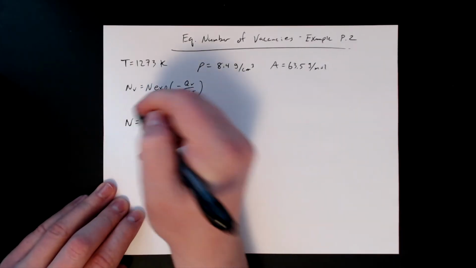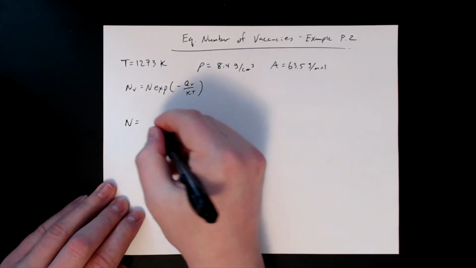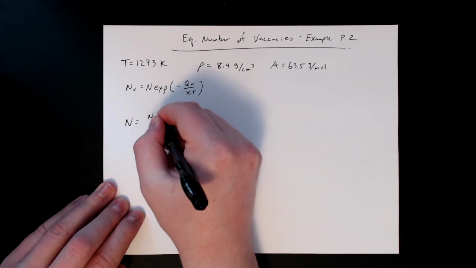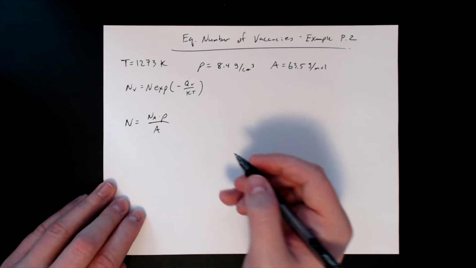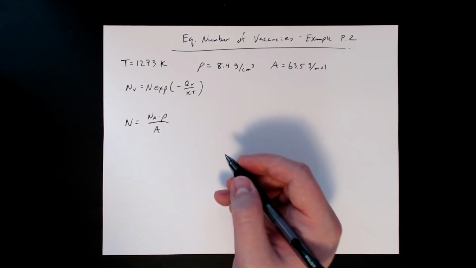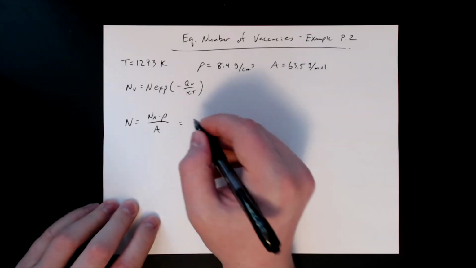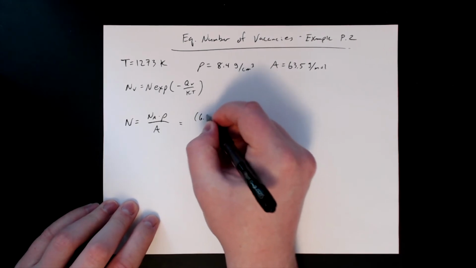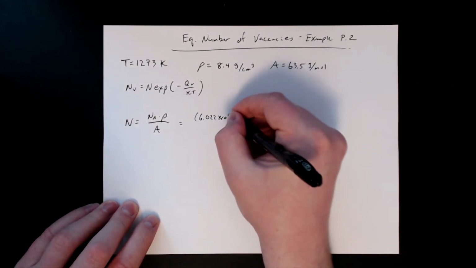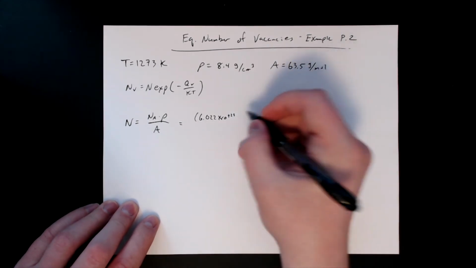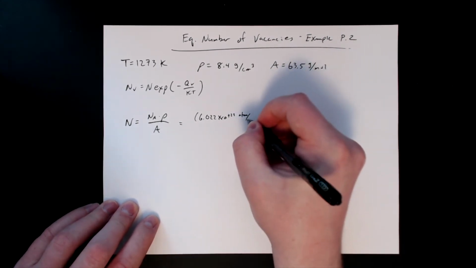As you recall from the previous slides, n was defined as Avogadro's number multiplied by density over the atomic weight. So if we plug this in, we get 6.022 times 10 to the 23, and that's atoms per mole.